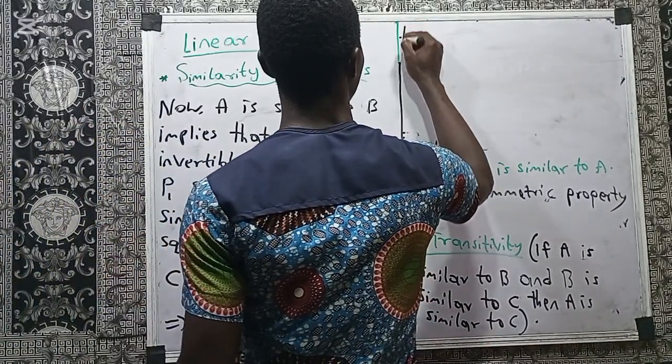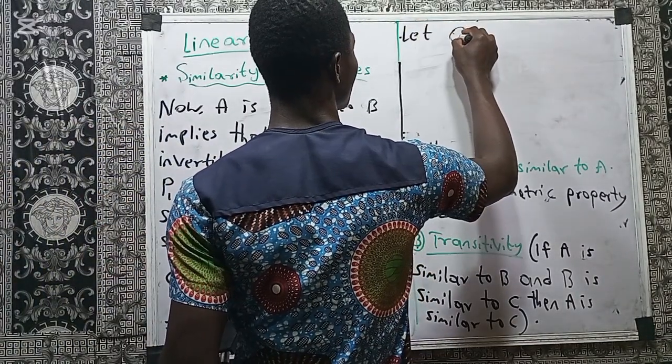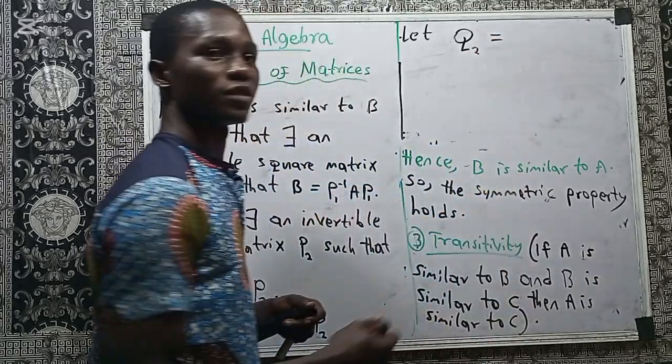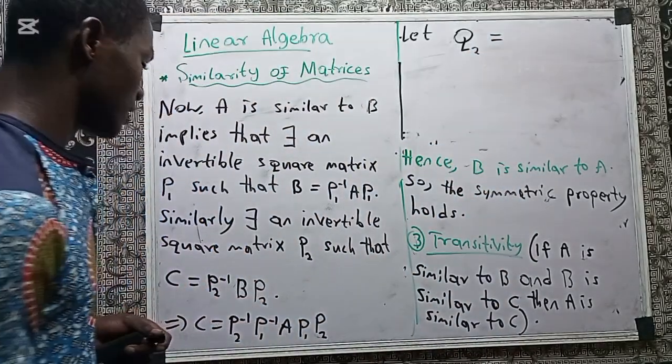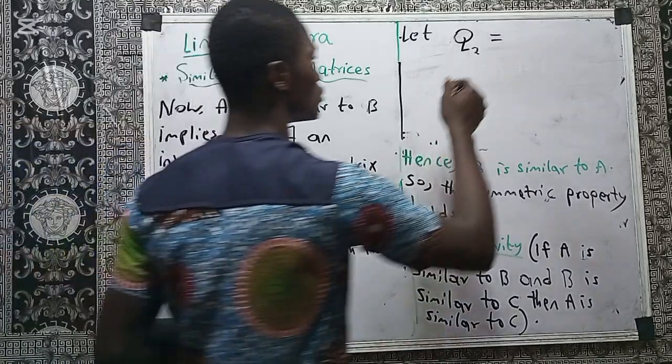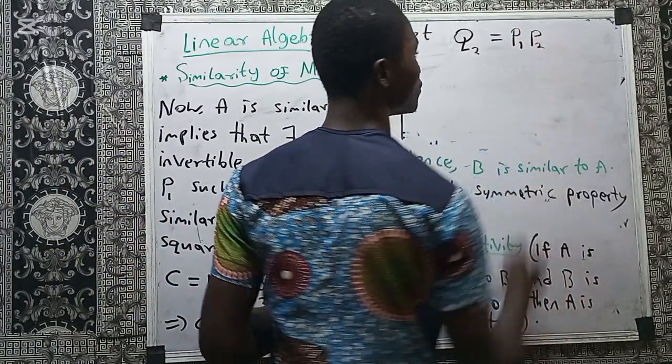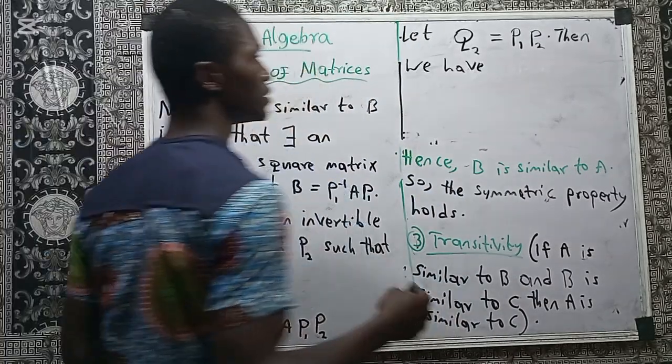So let me call this product Q sub 2, equal to P sub 1 multiplied by P sub 2.